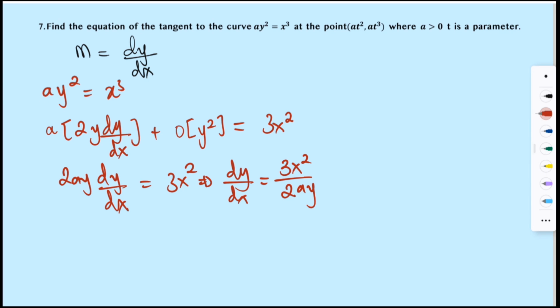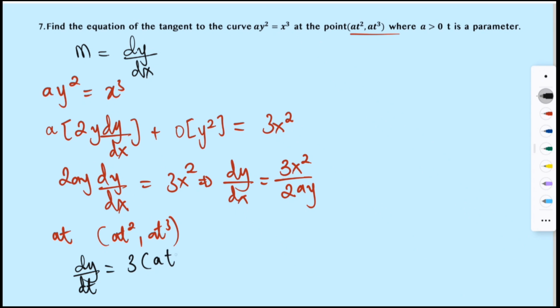Okay, they've given us the point, so we say at the point at squared, at cubed, what happens next? We substitute to get dy by dx. This would be 3 times at squared, all that squared, over 2a times at cubed.